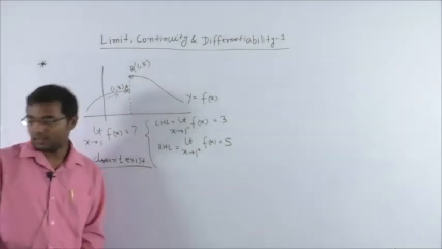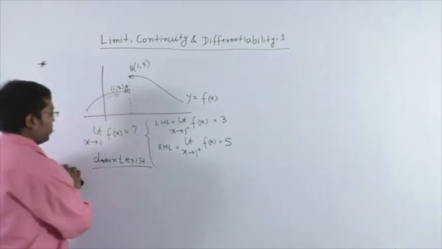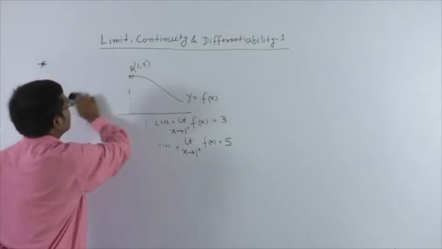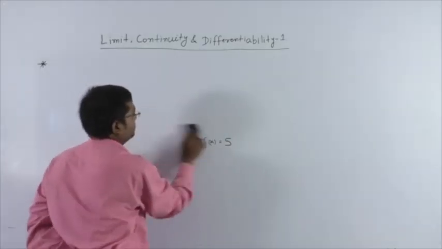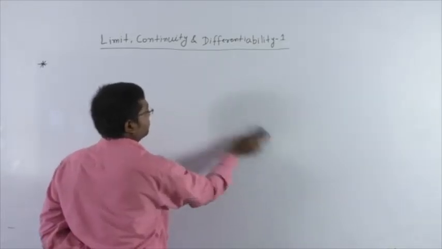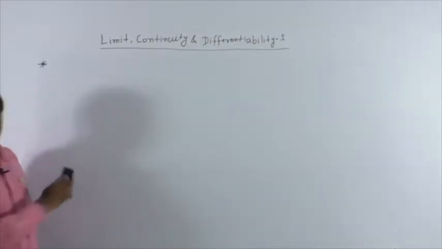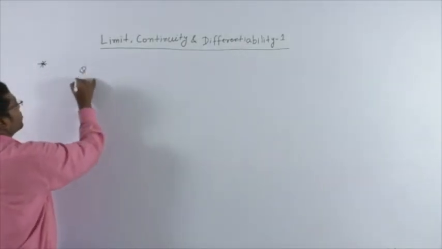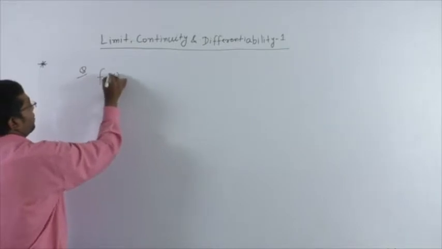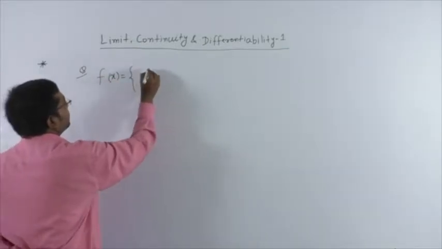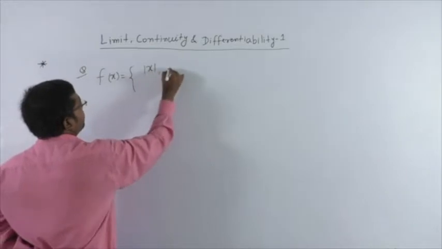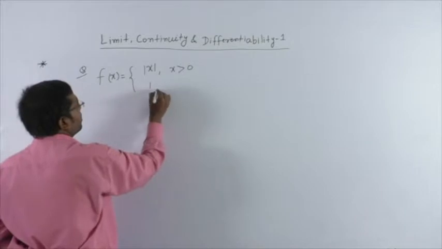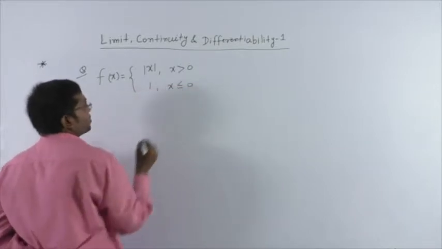Let's take one theoretical example. Now see, suppose the question is there is a function f(x) equal to mod x, if x is greater than 0, and equal to 1 whenever x is less than or equal to 0.